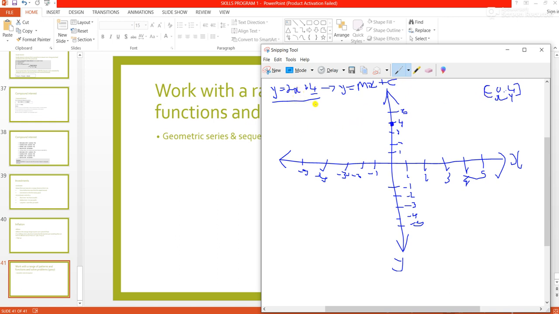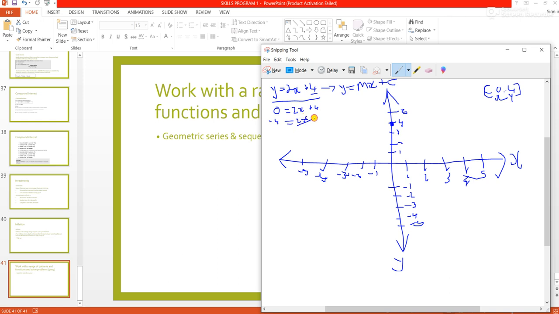Now we're looking for our x intercept. In order for us to determine our x intercept, we need to equate y to 0. So y will become 0. We've got 2x plus 4. When we take 4 to the other side, it gives minus 4 equals 2x.